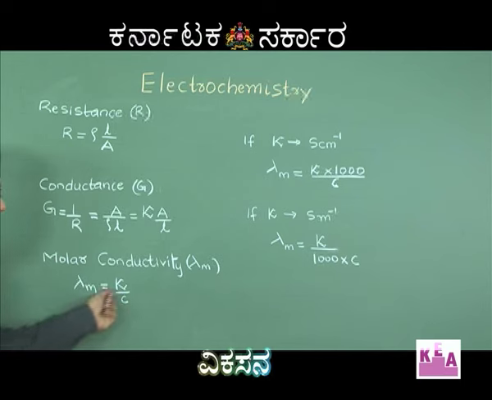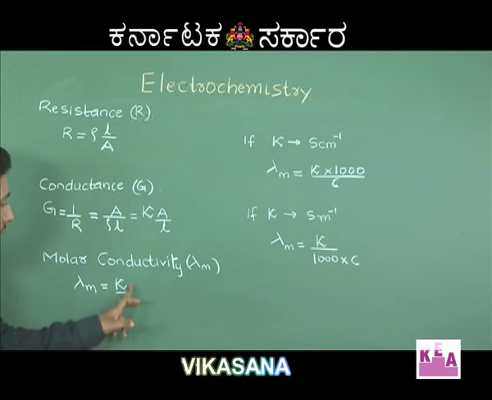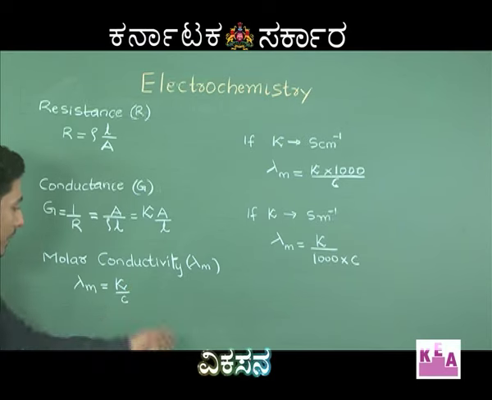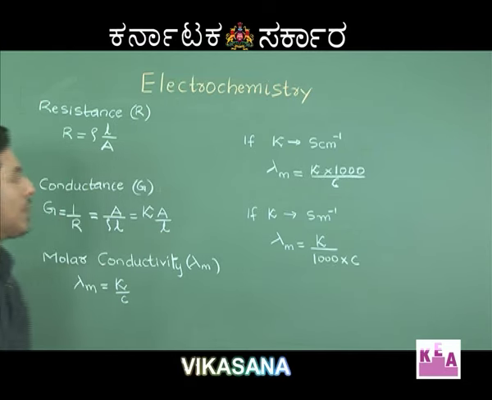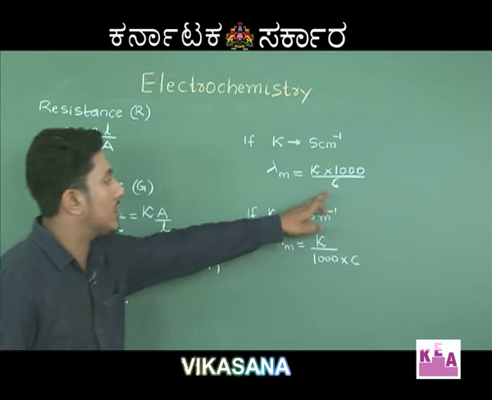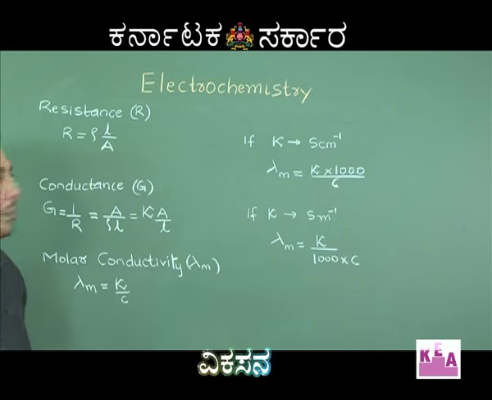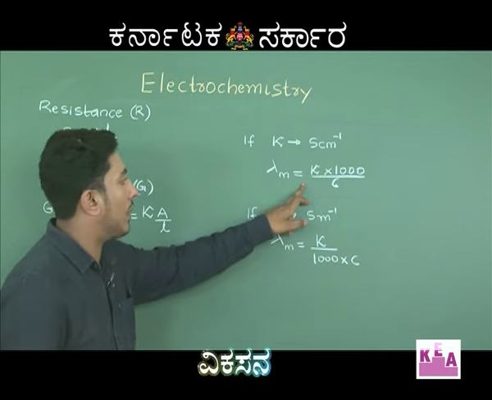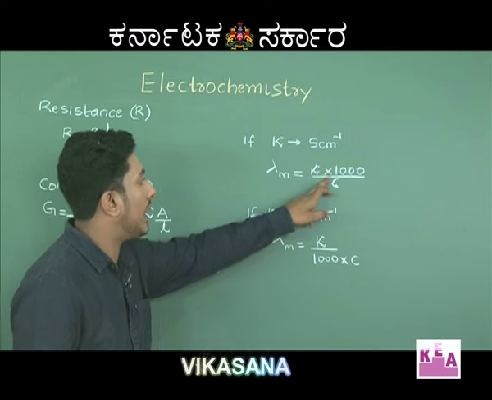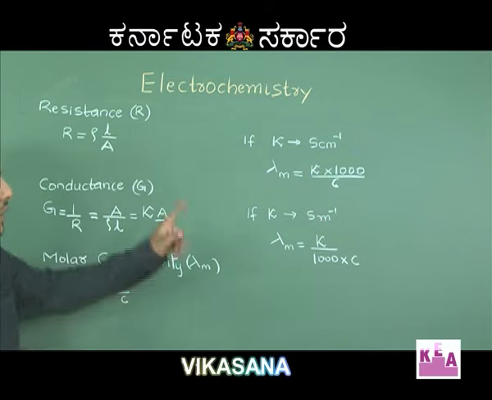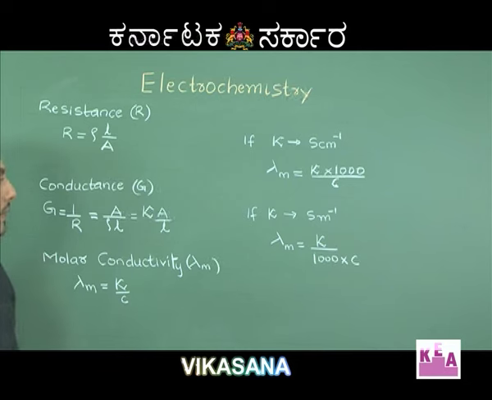Molar conductivity is related to specific conductance or conductivity as lambda m is equal to kappa by C, where the Greek letter kappa, that is the conductivity, is in Siemens per meter and the concentration is in mole per meter cube. If conductivity is in Siemens per centimeter and concentration is given in molarity or mole per liter, then lambda m can be calculated as conductivity into 1000 divided by the concentration, where C is the concentration in molarity.